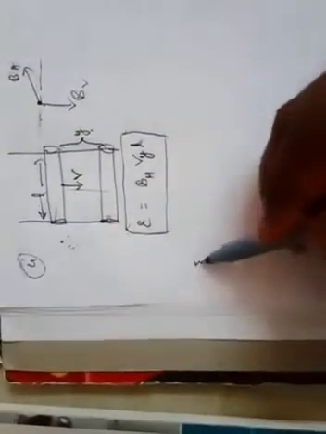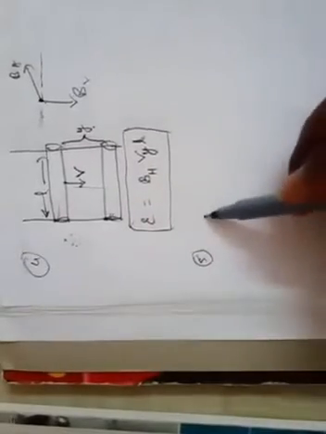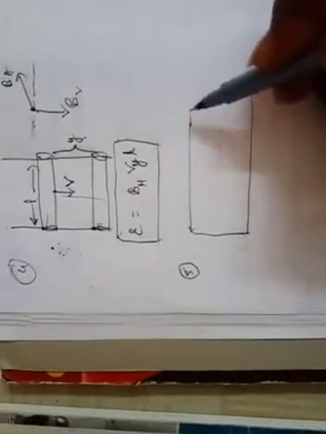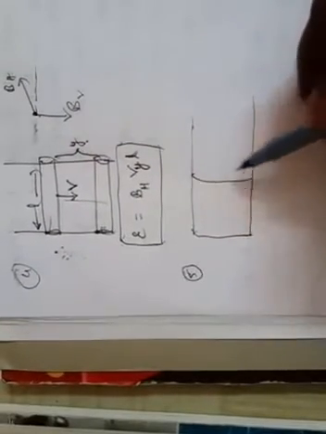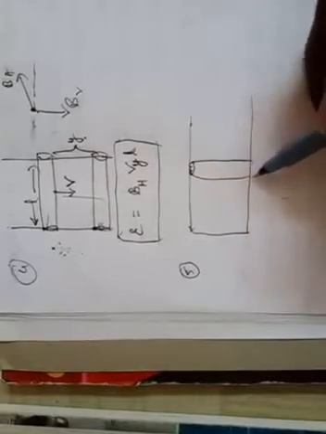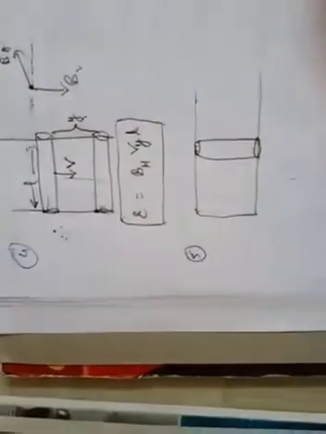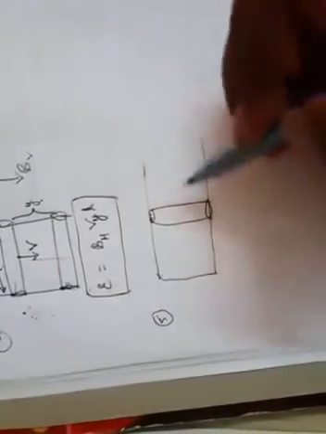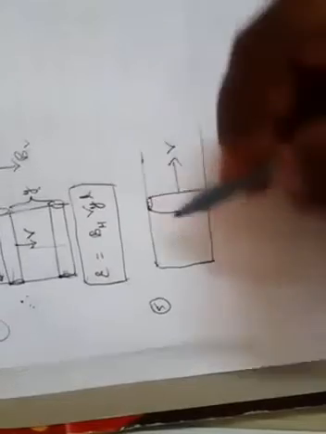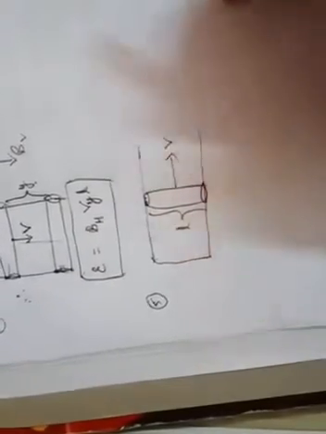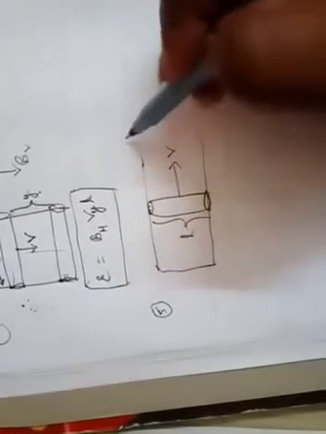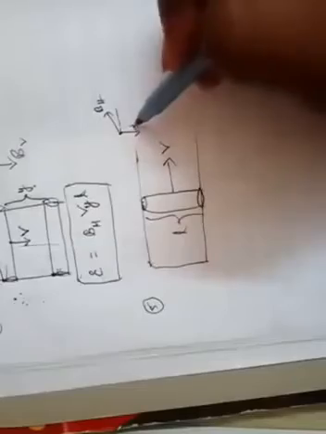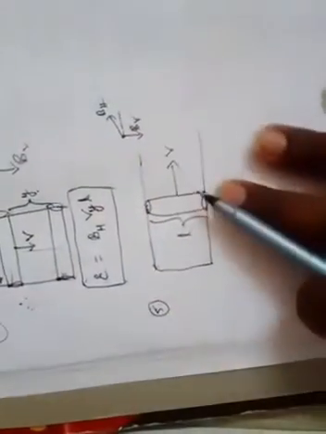Next, now this is the conductor given. This conductor is moving in this direction. The length of the conductor is L. Here also this is the horizontal component and this is the vertical component of the earth's magnetic field.